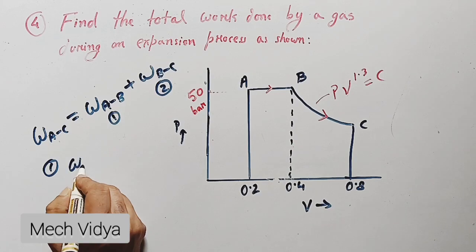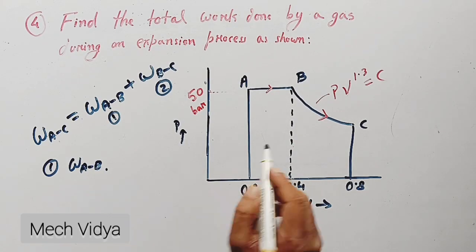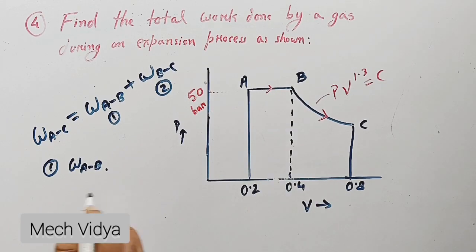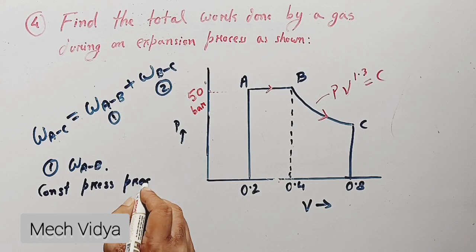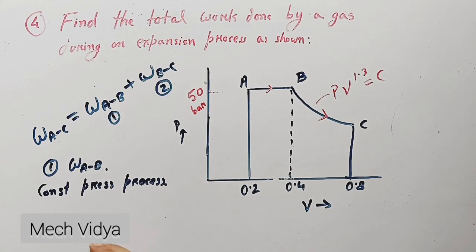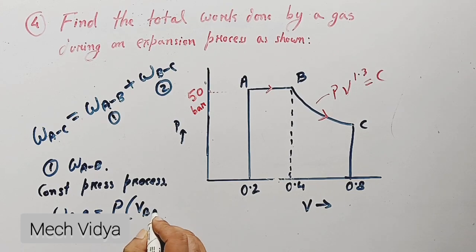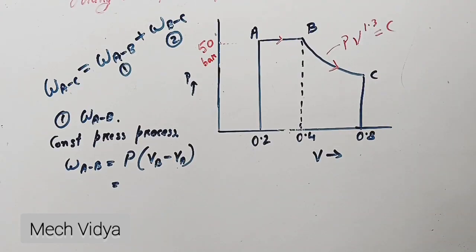So first one, the work done from A to B, it is a constant pressure process. As you can clearly see, it is a constant pressure process because initial and final pressures are same. So for a constant pressure process we have a very straightforward formula which can be written as P, constant pressure, into final volume minus initial volume. In this case it is VB minus VA.